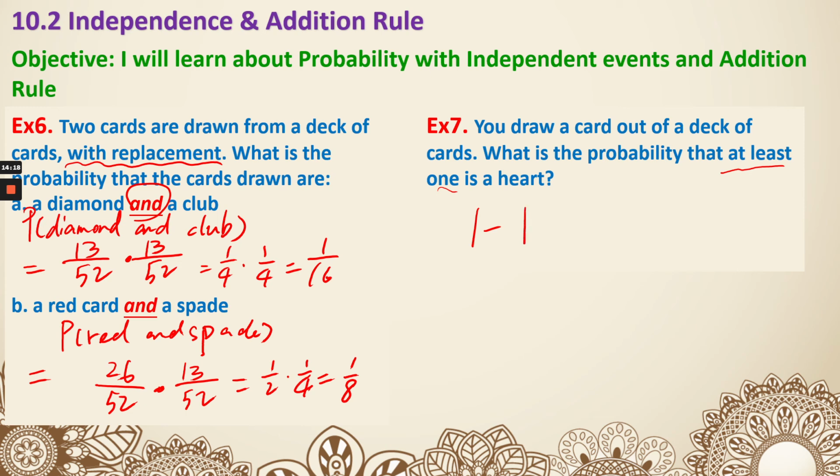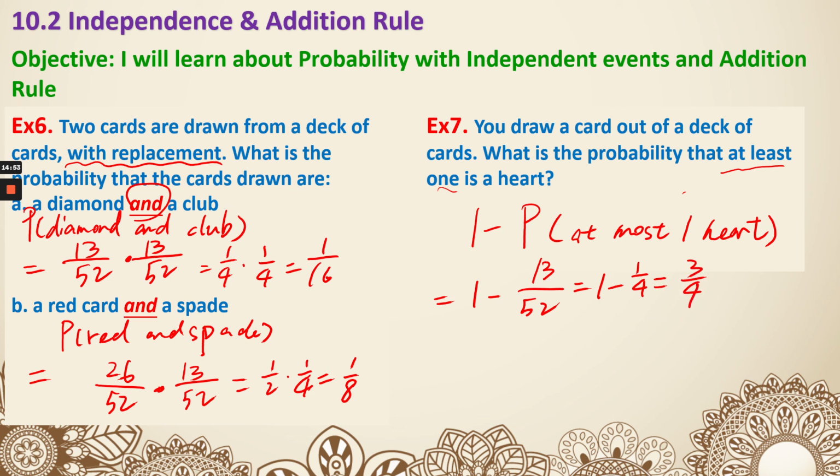That's the same as 1 minus P of at most 1 heart. You are just drawing 1 card. So in this case, it's going to be 1 minus, 52 is the total amount of cards, and for the heart, there are 13 of them, so it's 1 minus 1/4.